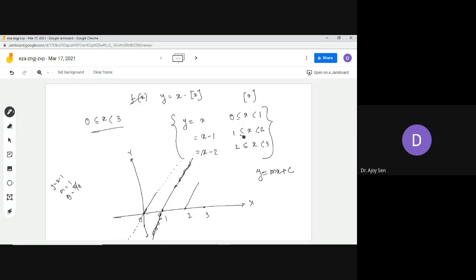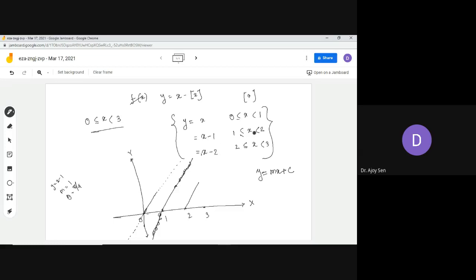So y equals x minus 1 can be a whole straight line, but you are only taking the part of the straight line which is lying in the region 1 less than or equal to x less than 2. In this region, whatever part you have, you consider only that part and discard the other part.